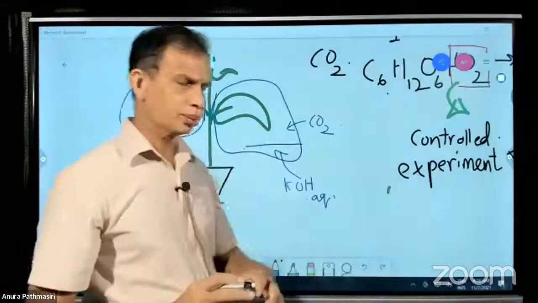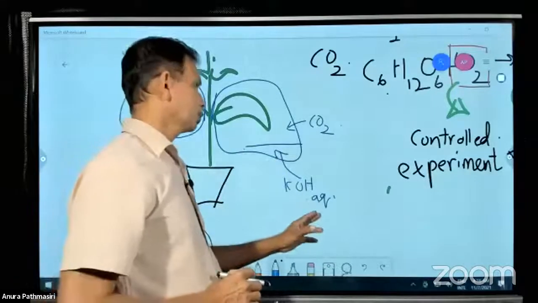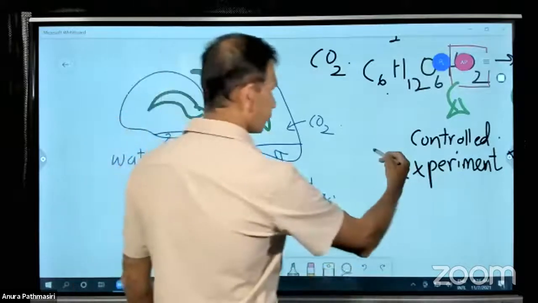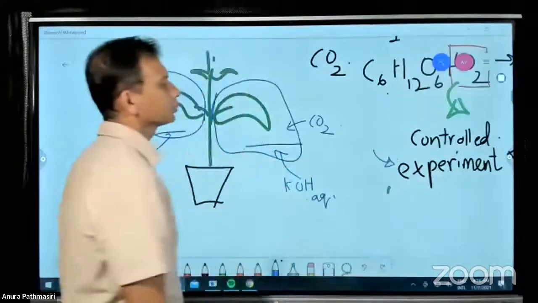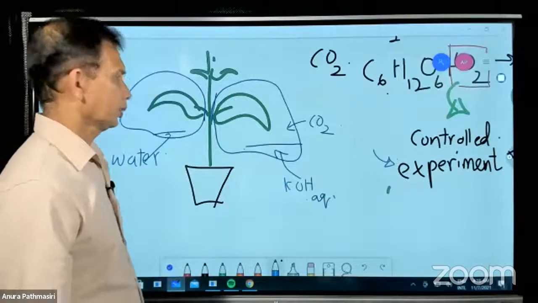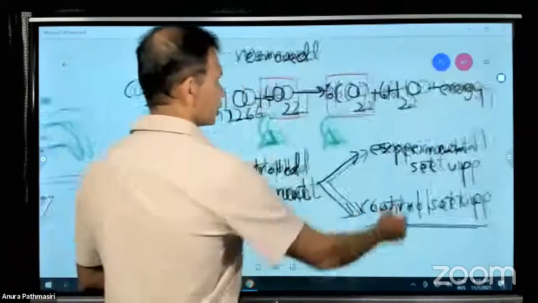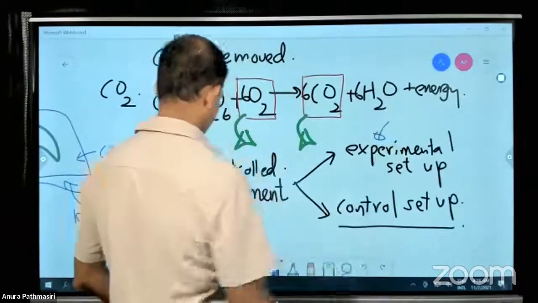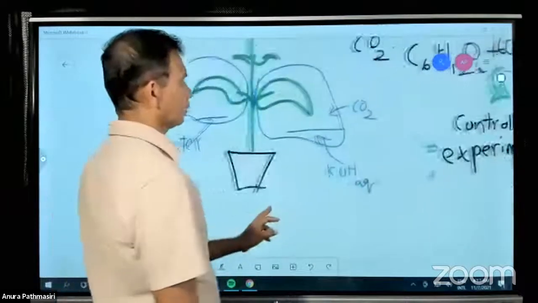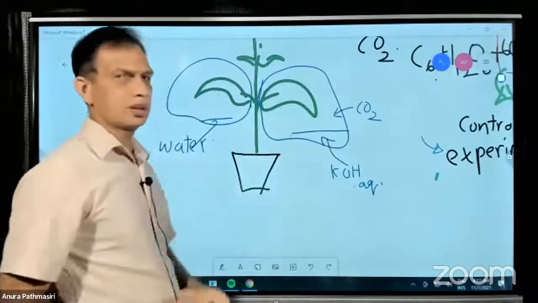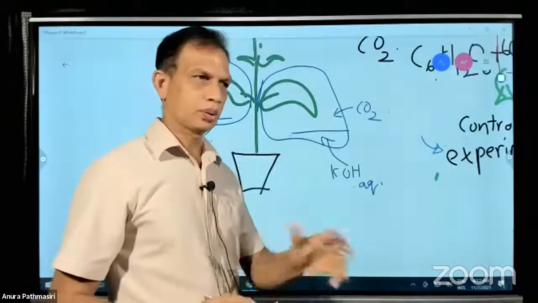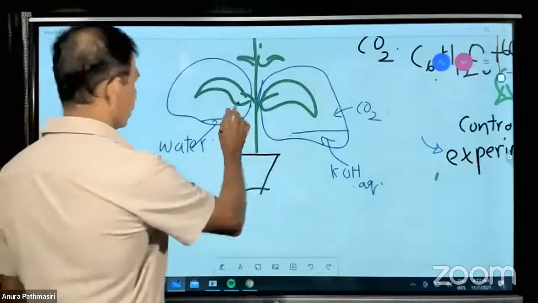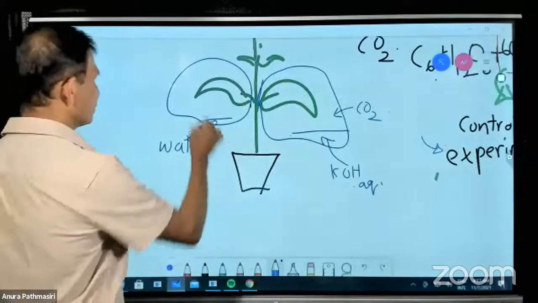Carbon dioxide dissolves in potassium hydroxide solution, so that is the experimental setup, because the required factor, carbon dioxide, is not given.